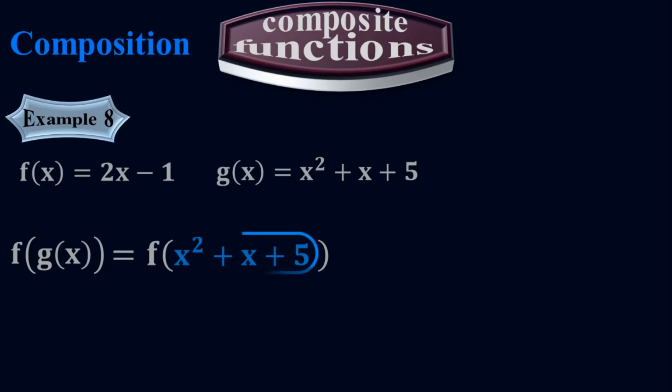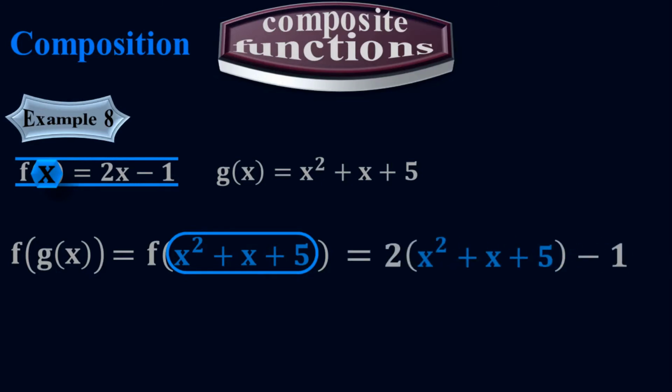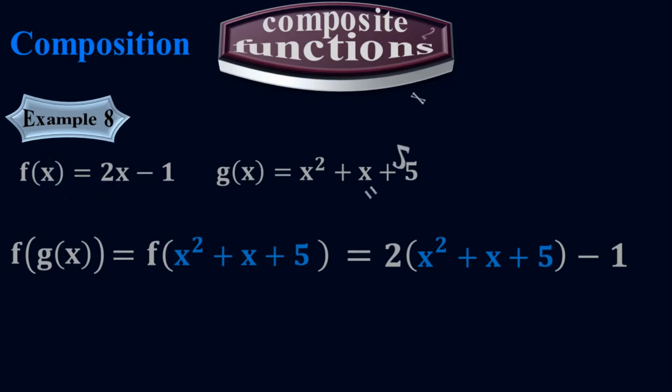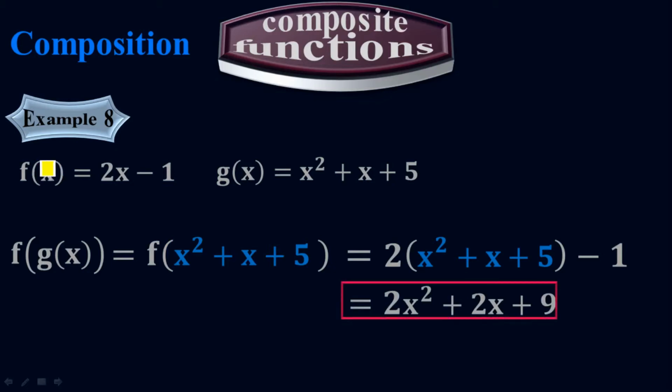By putting x squared plus x plus 5 for x in f of x, my function will be 2 into x squared plus x plus 5 minus 1. Just replace this x by x squared plus x plus 5. When you simplify the expression at the end, you will get 2x squared plus 2x plus 9. This is going to be my final answer when I compose f of x with g of x.